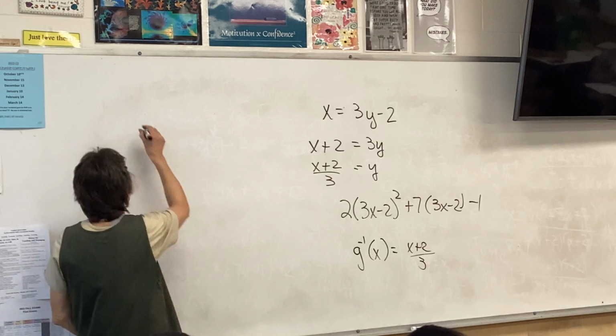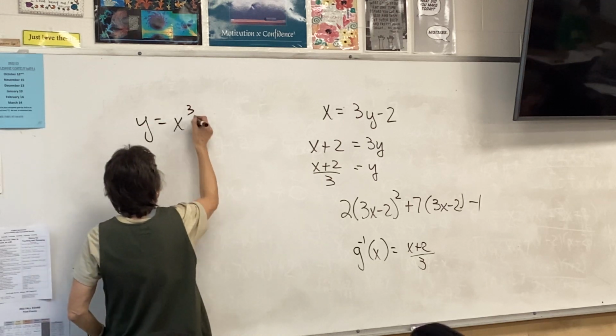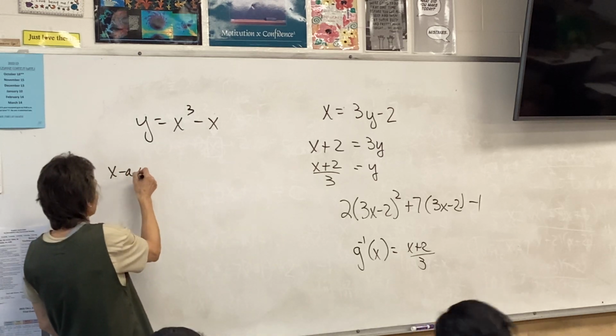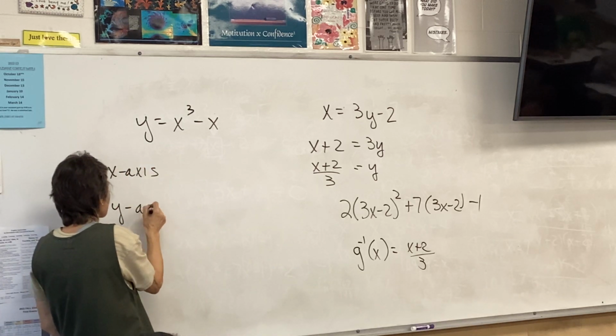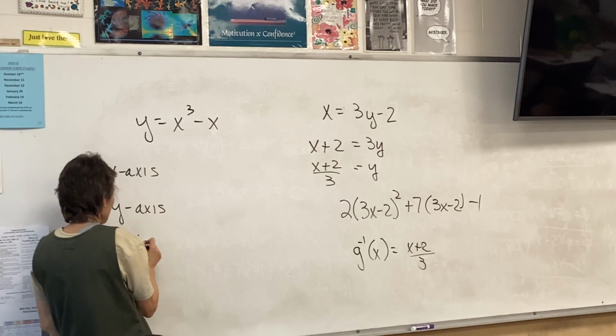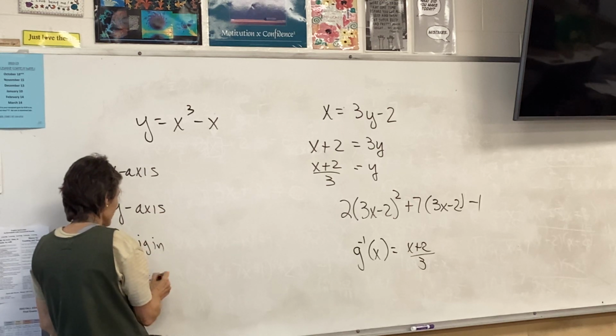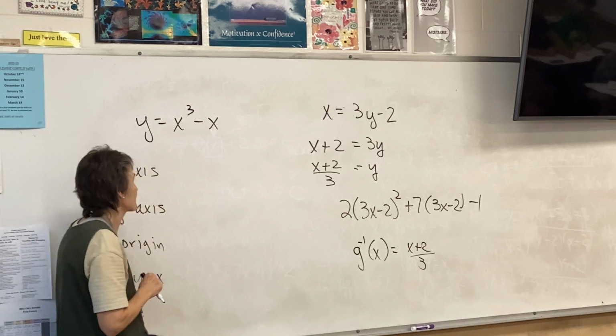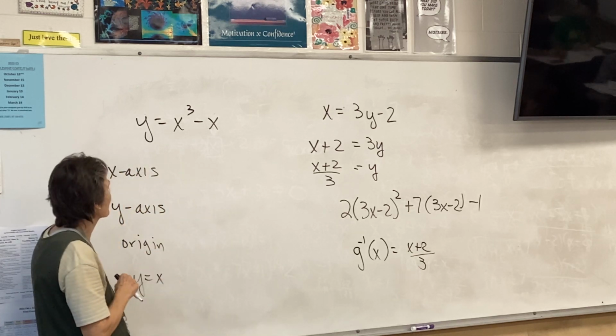Remember, we have x-axis, y-axis, origin, and identity. Those are the big things that we can have symmetry about, or with respect to.